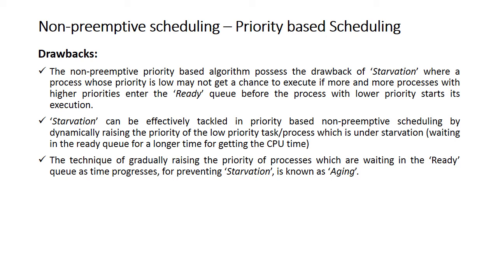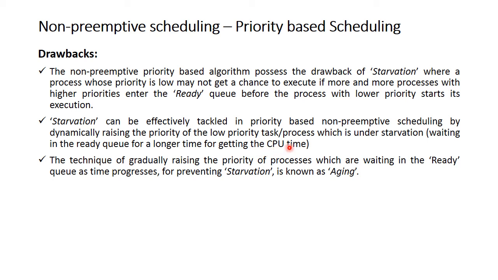Okay. So how can we tackle this problem of starvation? By dynamically changing the priority of the low priority process which is under starvation. Even though the priority is low, the priority is changed so that the low priority process gets the chance for execution by the central processing unit.